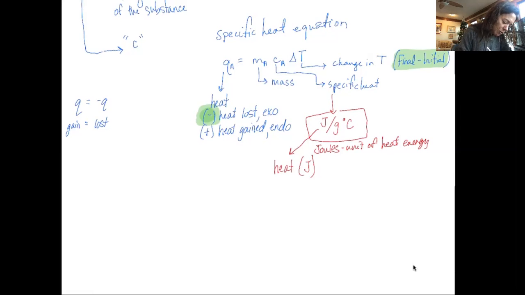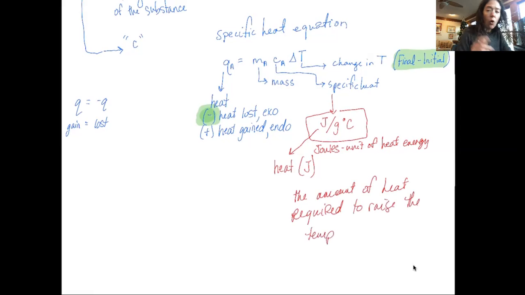So the numerical value for a substance's specific heat reflects the amount of heat required to raise the temp, or lower, right? Either adding or removing.